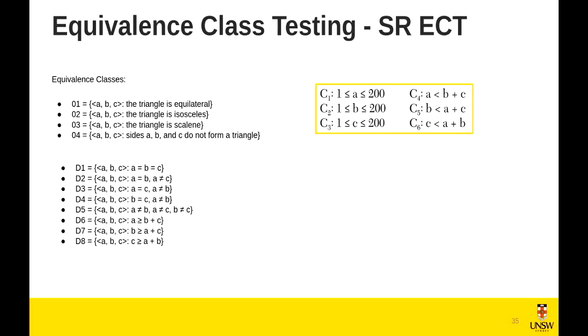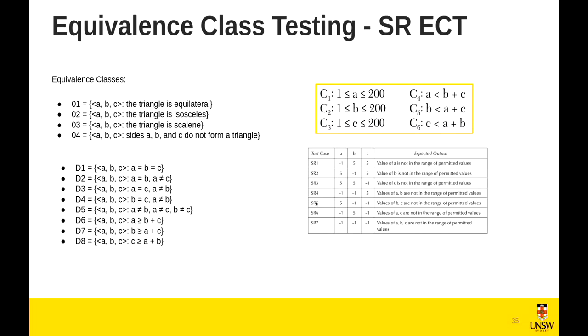So we can have A taking a value smaller than the lower bound, B smaller than the lower bound, C smaller than the lower bound, and A, B both below the lower bound, B, C below the lower bound, and A, C below the lower bound, and all of them below the lower bound. We can have these test cases.